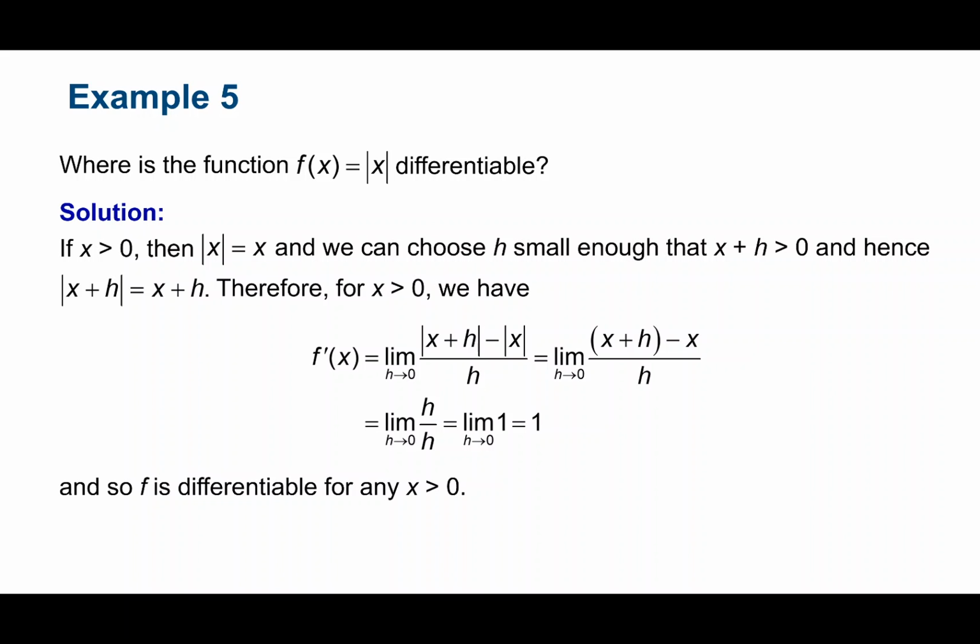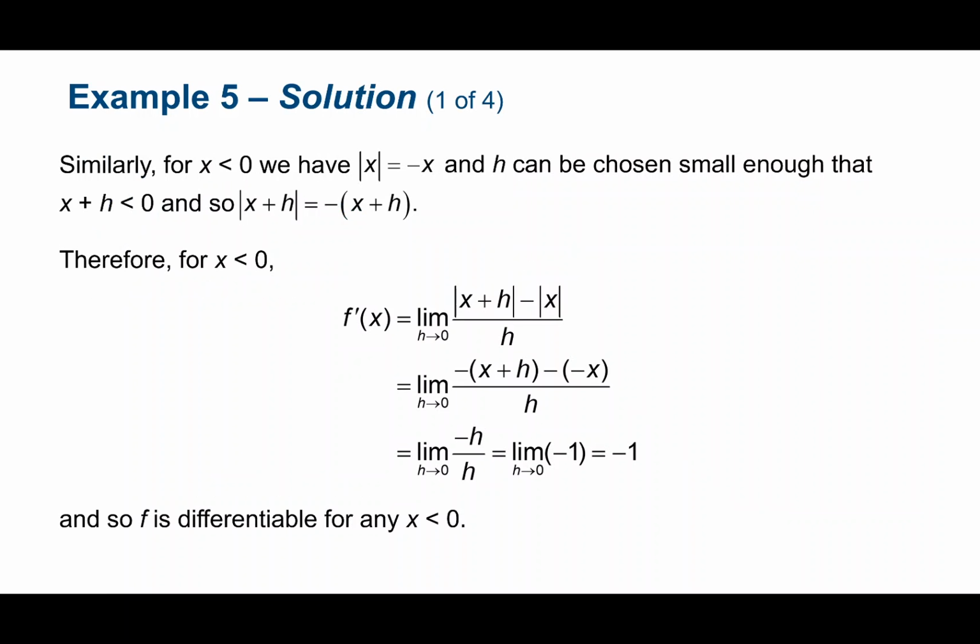If we go over to the negative side, if we think about where we have negative x values, the absolute value of x is going to give us negative x, and if we try to find our derivative over there, almost the same thing happens, but instead we have negative x, so we get a minus sign thrown in there.